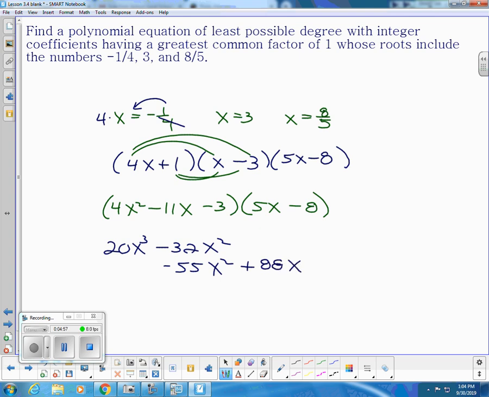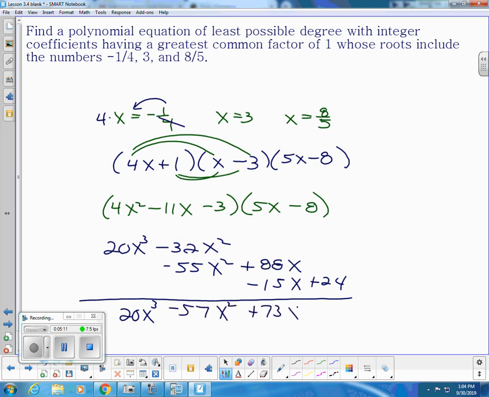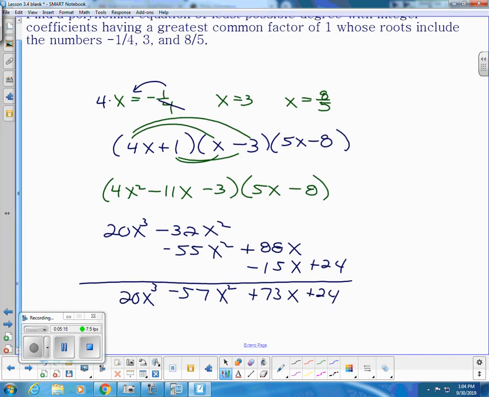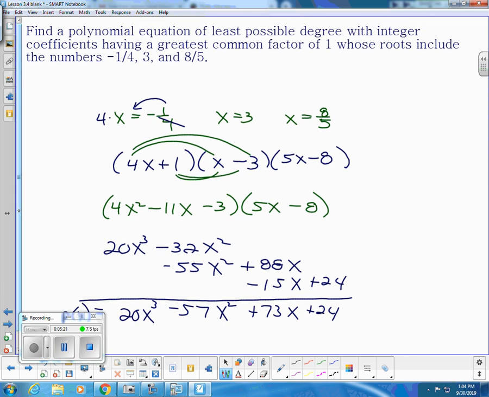And then I'm going to multiply with the negative 3. And I know you guys know how to FOIL or distribute, however you want to call it. So that's our polynomial.